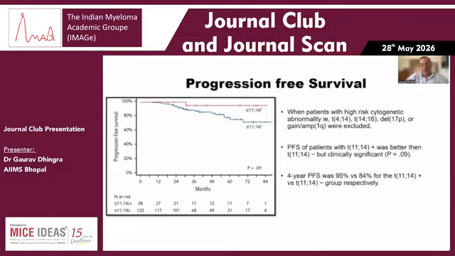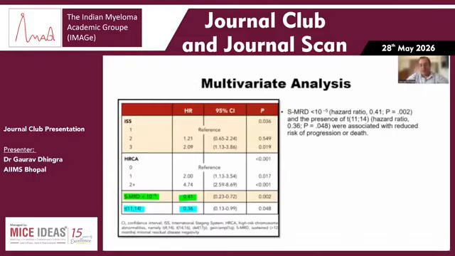Even when the high-risk cytogenetic abnormality patients were excluded, the PFS of translocation 11-14 positive myeloma was better, but not clinically significant. The 4-year PFS was 95% versus 84% for translocation 11-14 positive versus negative patients.